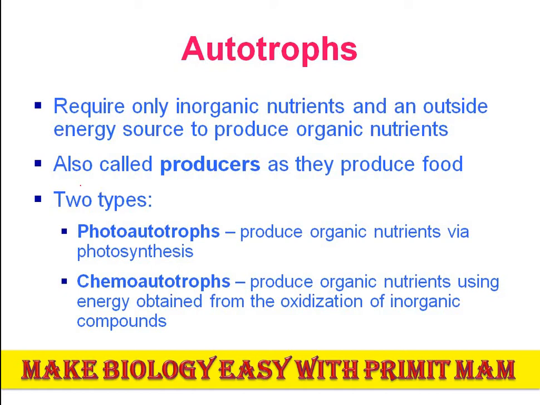Producers are the organisms which prepare their own food independently. Example, green plants, they prepare their food by the process called photosynthesis, where photo means light. So with the help of light, green plants prepare their own food.